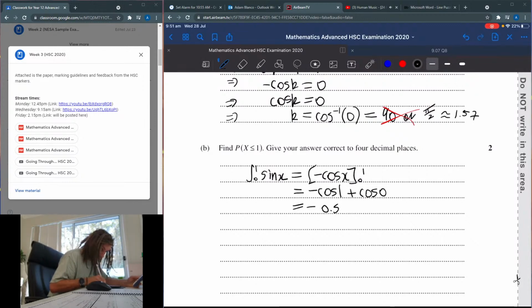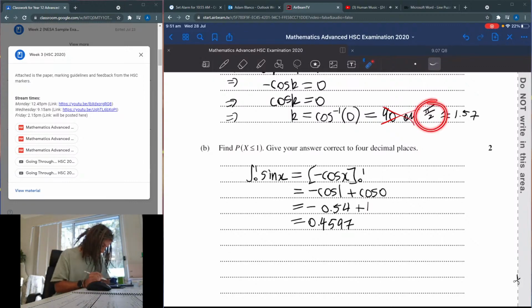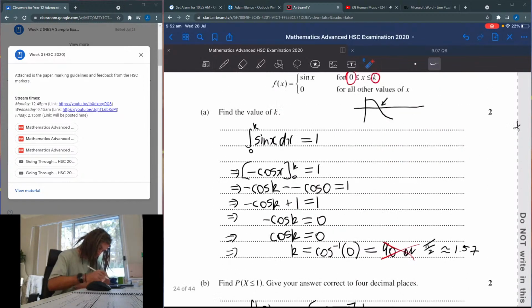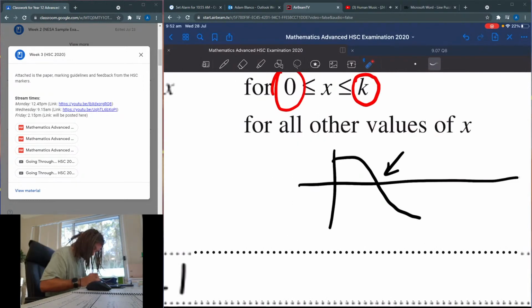Negative 0.54. 0.4597. Okay, yeah, that's a bit of a warning. Just be a little bit careful. I was working in radians, and then I tried to type something in degrees. That's basically saying cos of 1 degree, which is why the function value would have been 0.99. That was a little bit stupid.